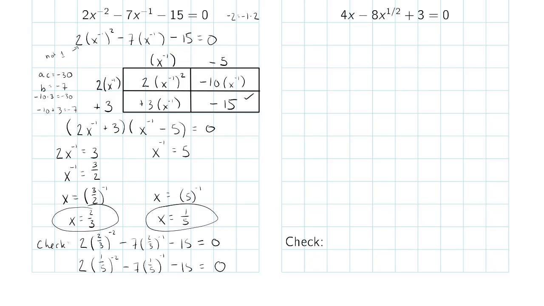Okay, last one. We have 4x minus 8 times x to the 1/2 plus 3. And the big thing we know is that 1 is 1/2 times 2.